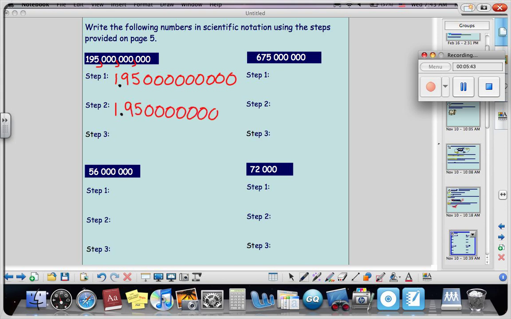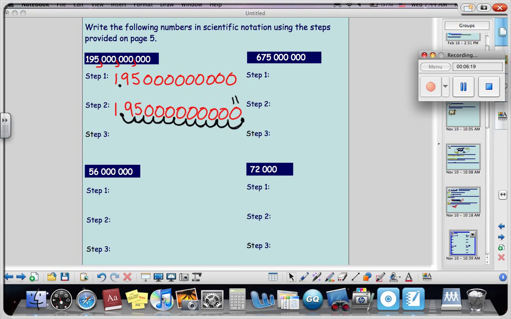I'm going to count how many times it takes me to move my decimal to the end of the number. So here we go. 1, 2, 3, 4, 5, 6, 7, 8, 9, 10, 11. Let me just check that one more time. 1, 2, 3, 4, 5, 6, 7, 8, 9, 10, 11. So like I said, write it up here so you do not forget it.